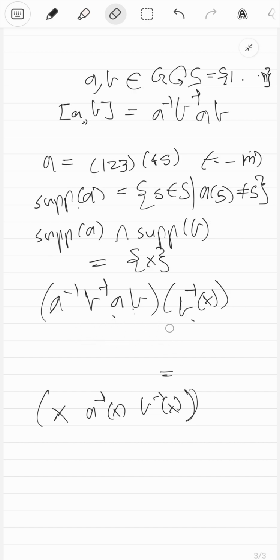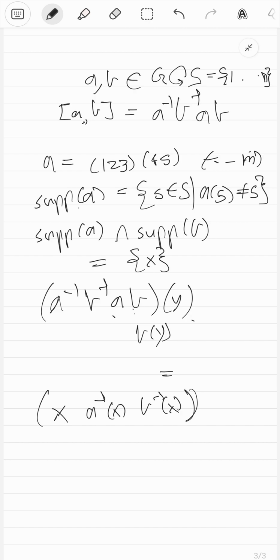Now what about the other elements? What happens to them? So if you consider any other element y which is not in any of these, then y is either possibly in the support of b or not in the support of b. Suppose it is in the support of b. In that case, b of y is what we're going to deal with.